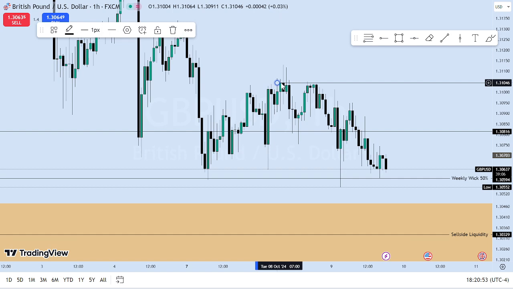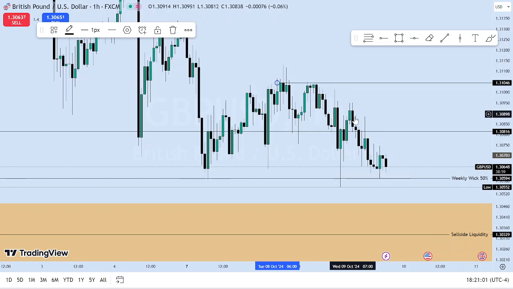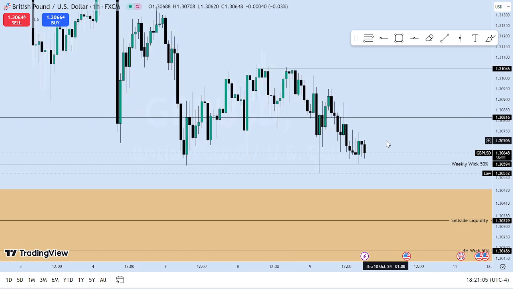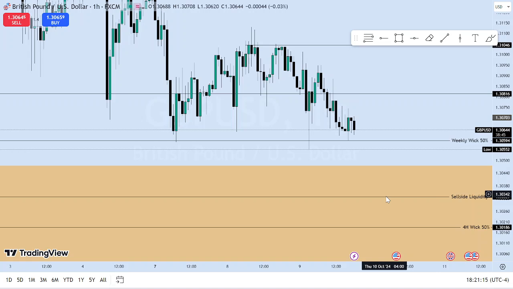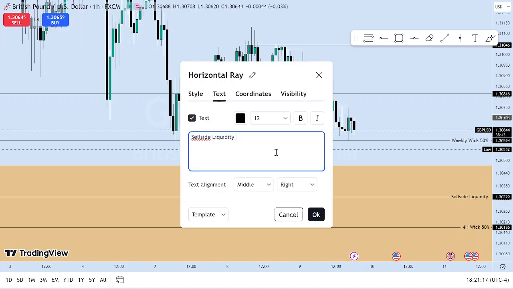Then we started having lower high after lower high. This is signifying that we are selling. This is a sell side delivery. We are selling short. Then we have a target here, this sell side liquidity.